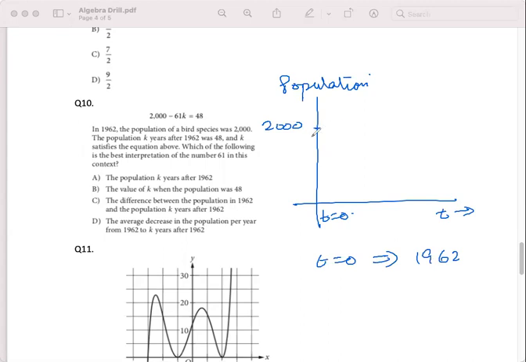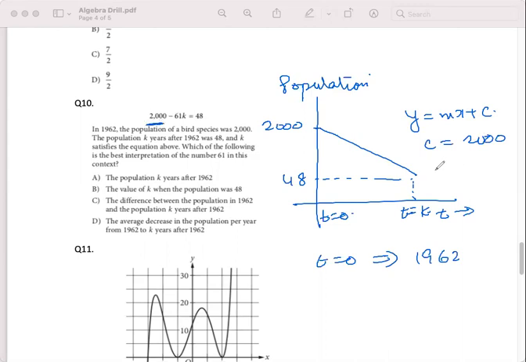And k years later, it kept declining, and let's say this number is 48, and this is t equal to k. So k years later, the population was 48. So you can see here that if I look at y is equal to mx plus c, in this case c is 2000, which is here, and the m is negative 61, right?